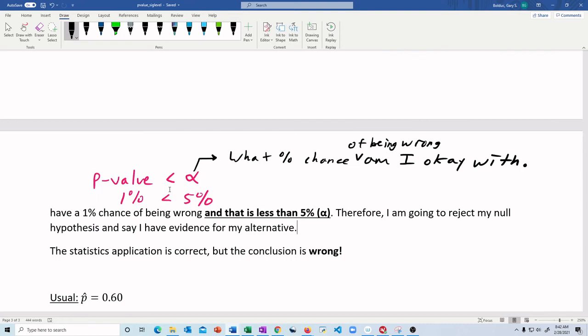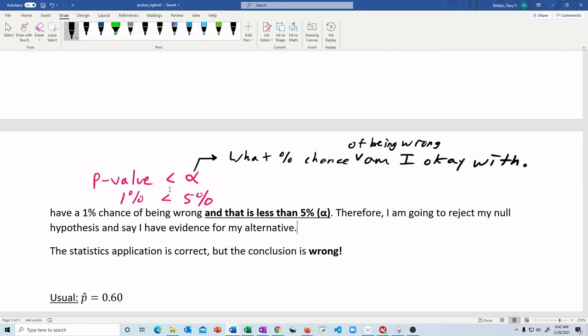There may be situations where a 5% chance of incorrectly rejecting the null is too big. You might sit there and write that and say, no, I can't live with that. The consequences of rejecting the null might be too big for 5%.